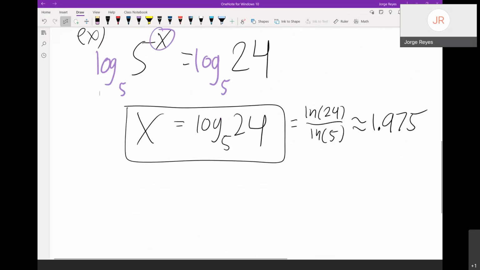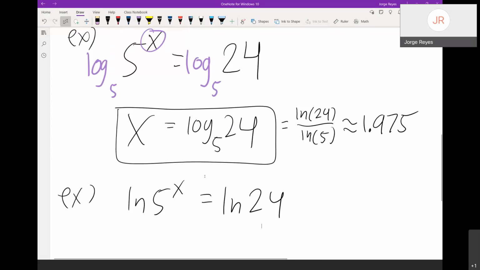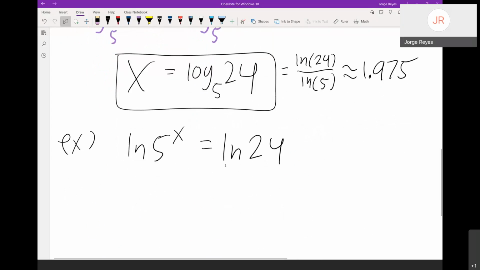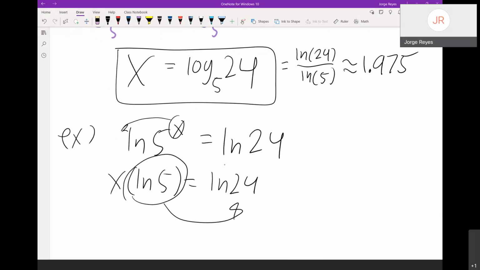But, for example, if you don't want to be fancy, you can just always choose to natural log everything, okay? So this is the same problem, right? If I natural log both sides, well, then I have to power rule here to get the x in the front. But then hopefully here is the moment in time where your algebra skills have improved enough that you can just move things around even though they look weird.